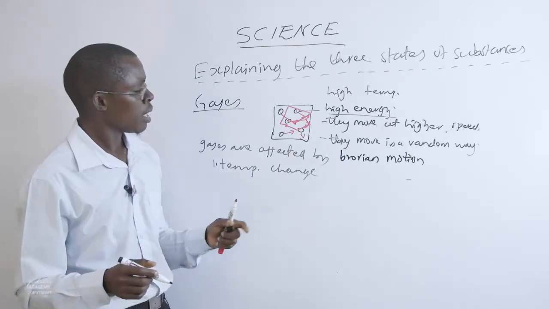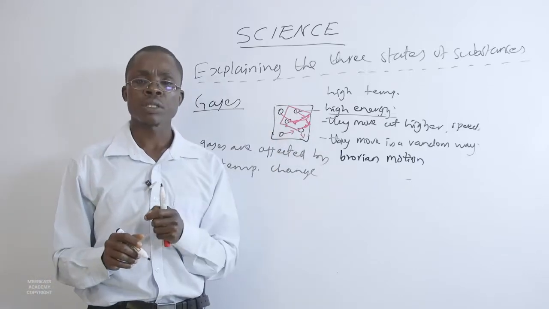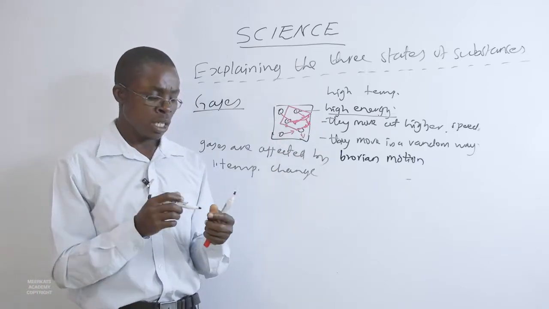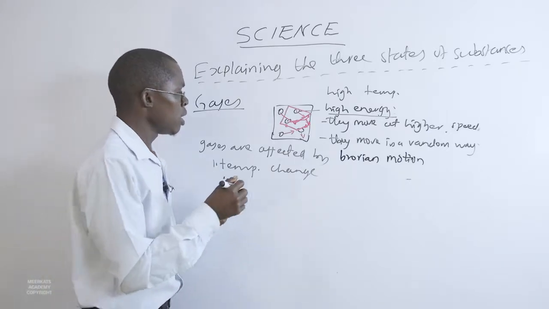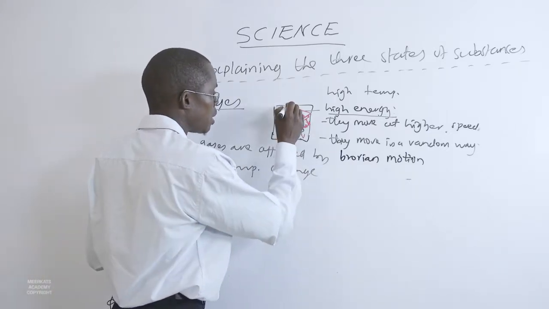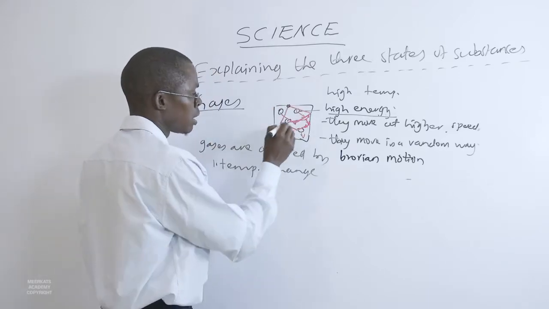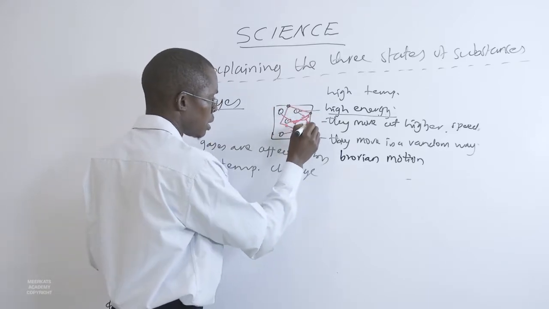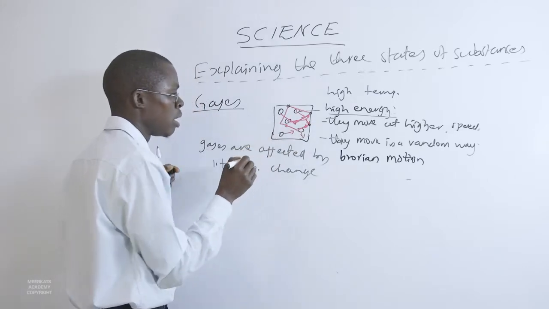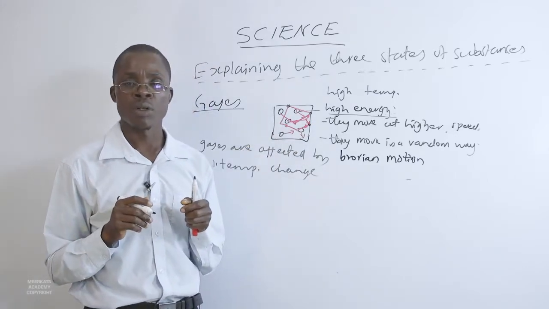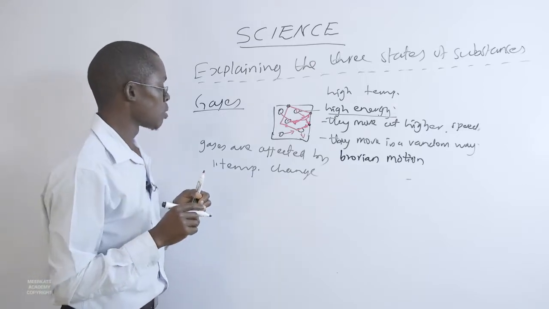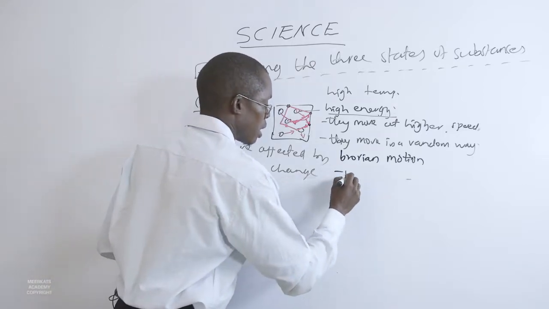But now, that motion takes us to another point. When this particle hits this wall at this point, and this wall at this point, and this wall at this point, what will be the effect on the wall? The effect is that what we call pressure develops.